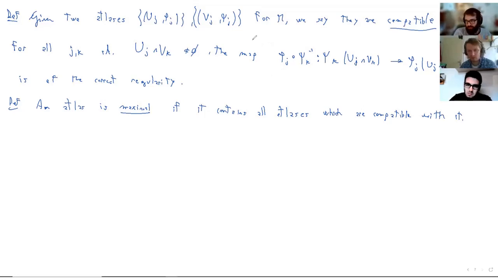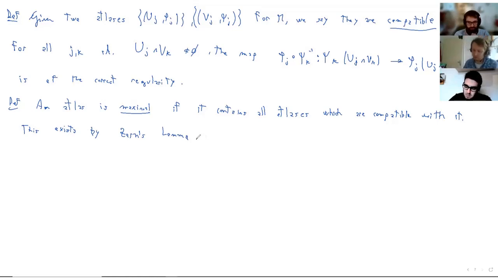So one thing you should notice here is that if two atlases are compatible, the union of these two atlases is again an atlas, right? So the idea is that by taking just the union of everything like this, you will get to some maximal element, and this exists by Zorn's lemma.